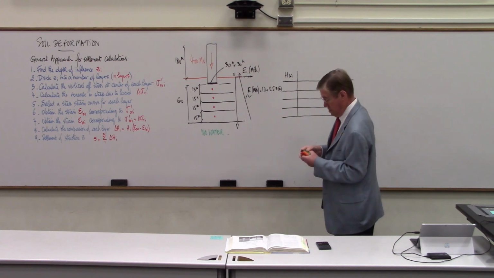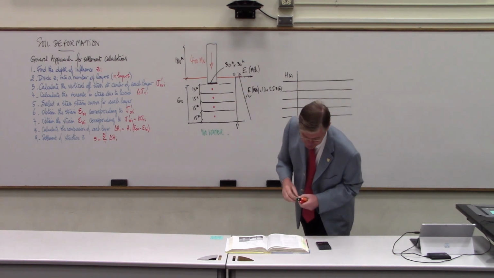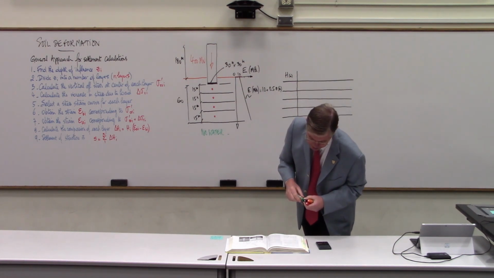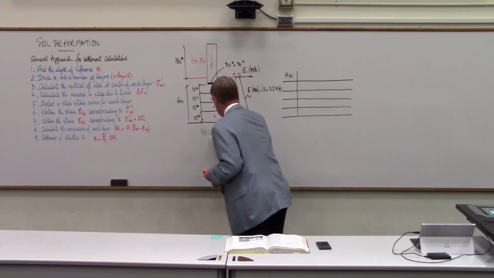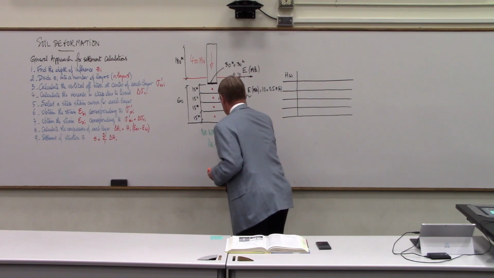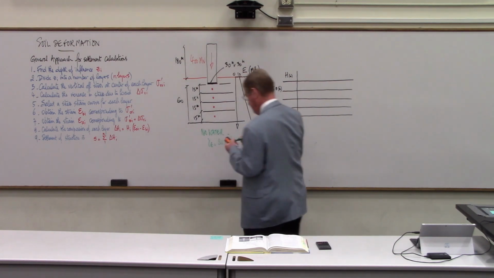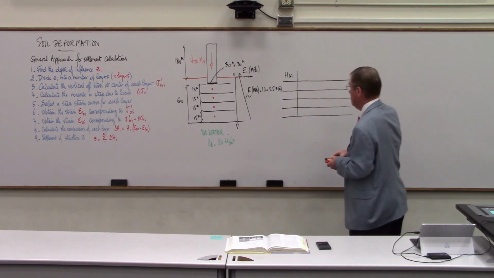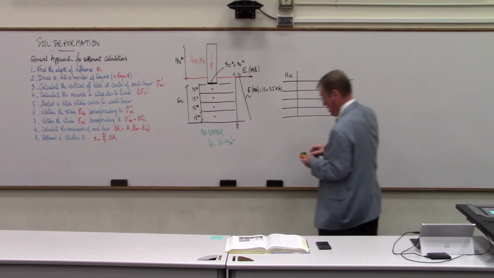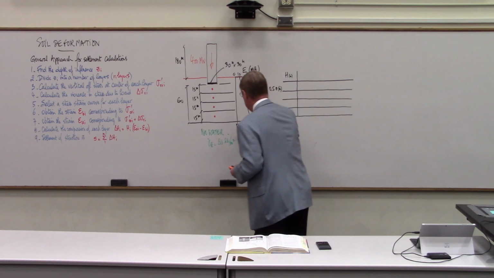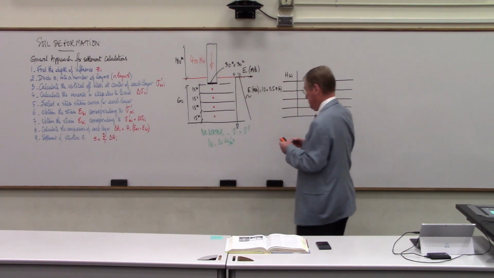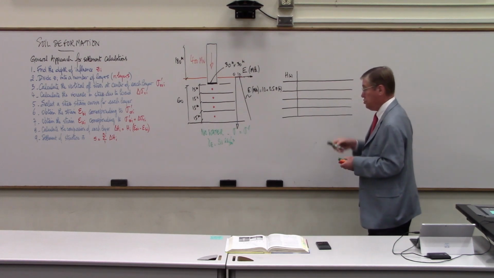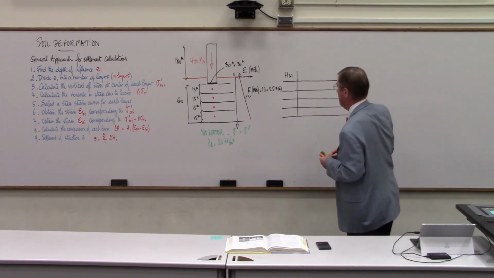The soil has a unit weight. I forgot about this. The zone has a unit weight of 20. No water. Gamma total equals 20 kilonewton per cubic meter. So no water means that the total stress is equal to the effective stress, to simplify the calculation.